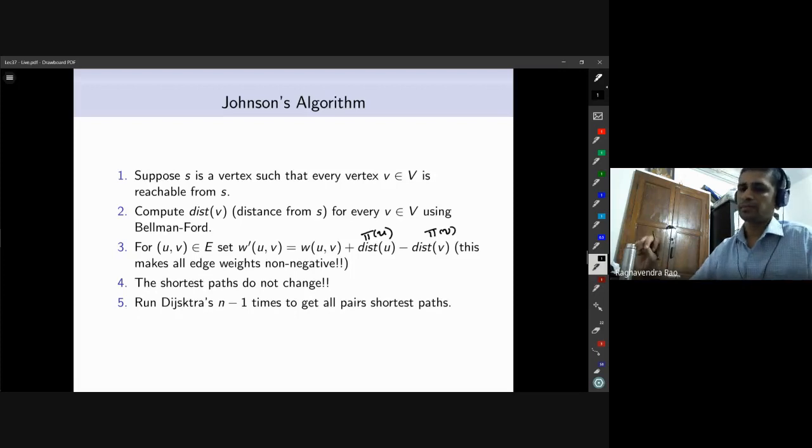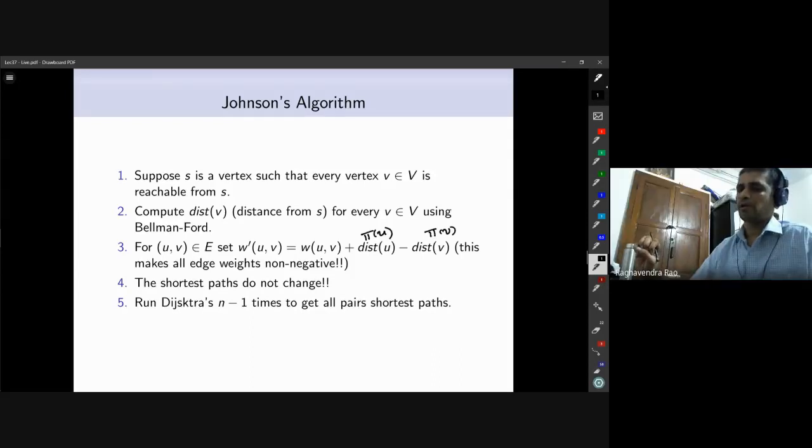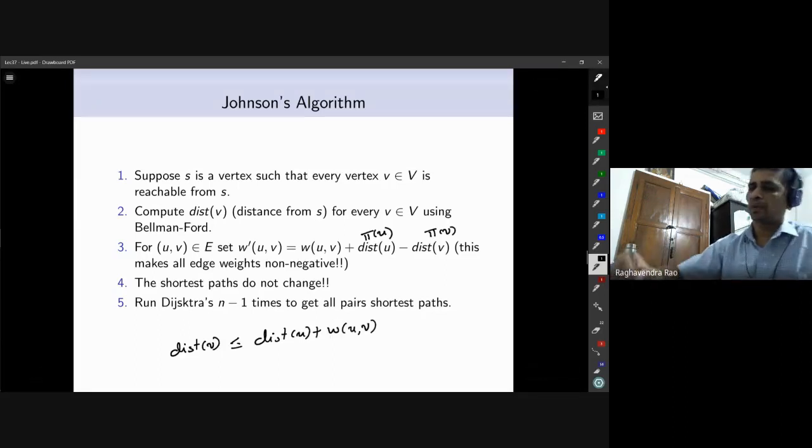But this magically makes all edge weights non-negative. Can you see it? It's by the property of relaxation. It's basically the property of shortest paths: distance of V is less than or equal to distance of U plus w(u,v).